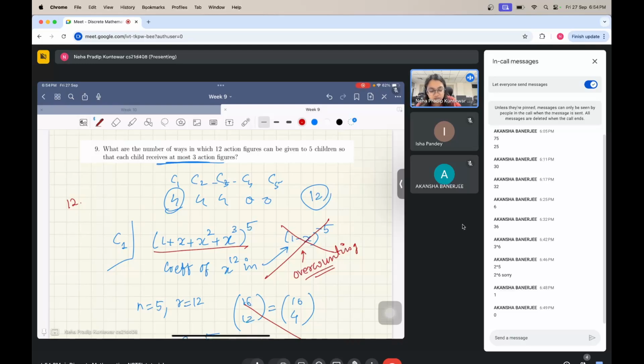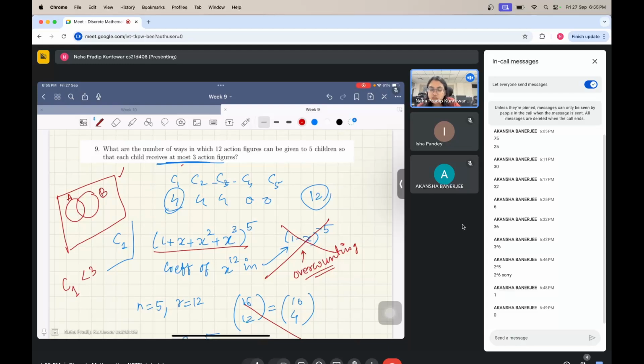So you first find out the total number of ways in which you can distribute 12 action figures to 5 children. Then you think of your bad event: A is the event where the first child gets less than 3 action figures.